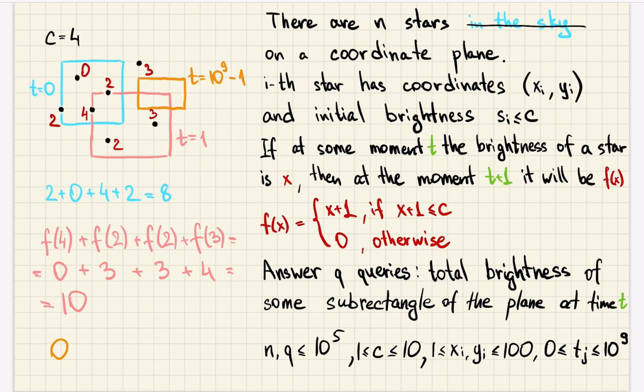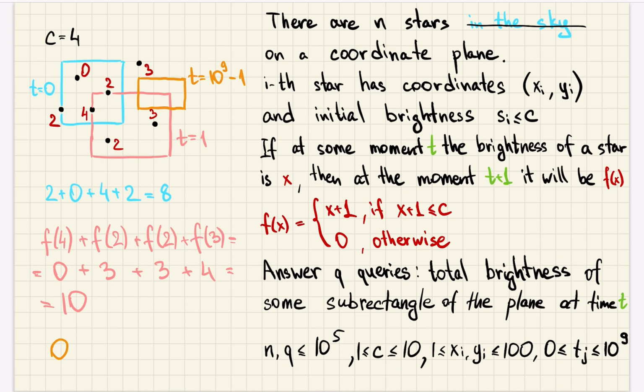The next query is this rectangle at time 1. So to calculate brightnesses at time 1, we need to apply function f to all the stars that are in that rectangle.